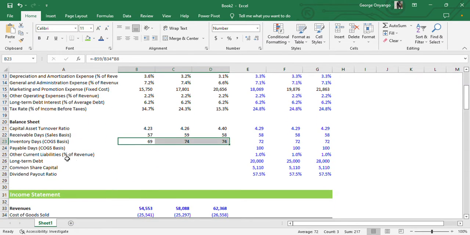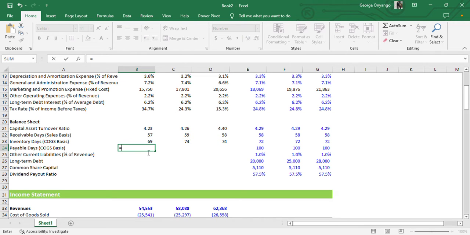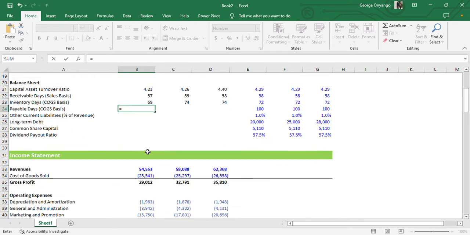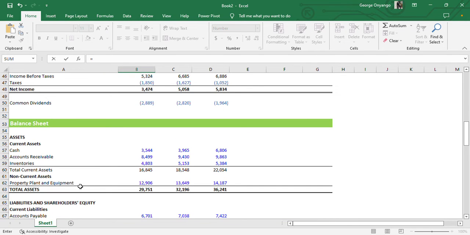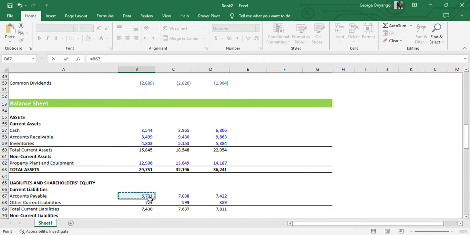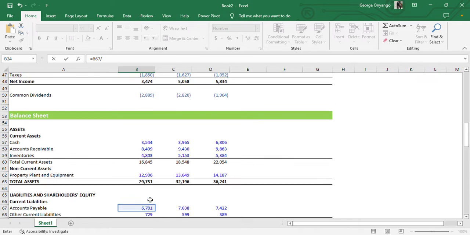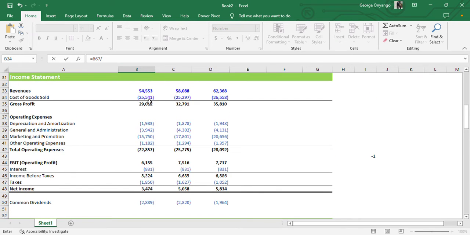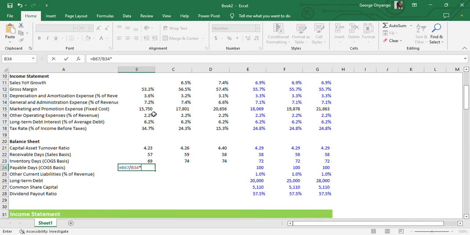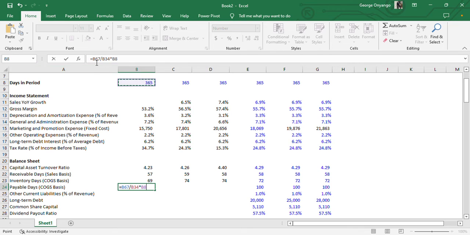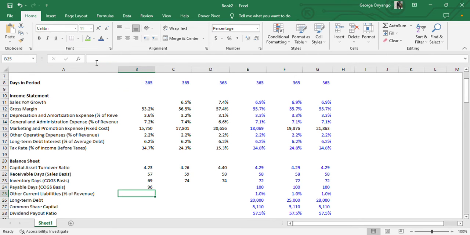Then we also have accounts payable, the number of days they take before they settle their accounts payable. That one is going to be accounts payable divided by cost of goods sold times the number of days in a year. Put that positive. We are going to do that.